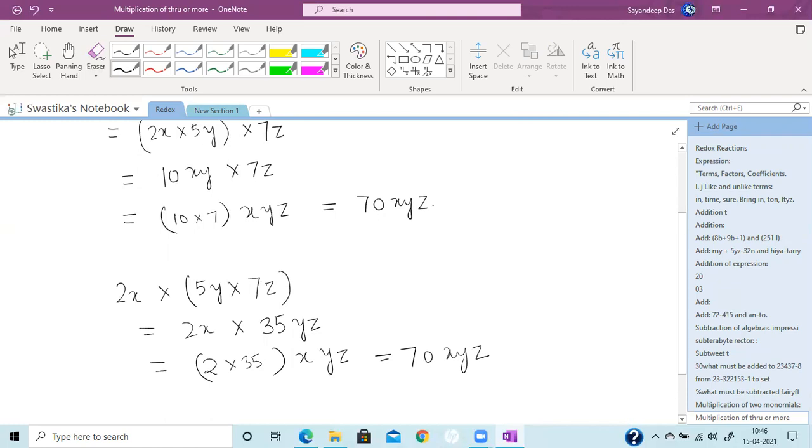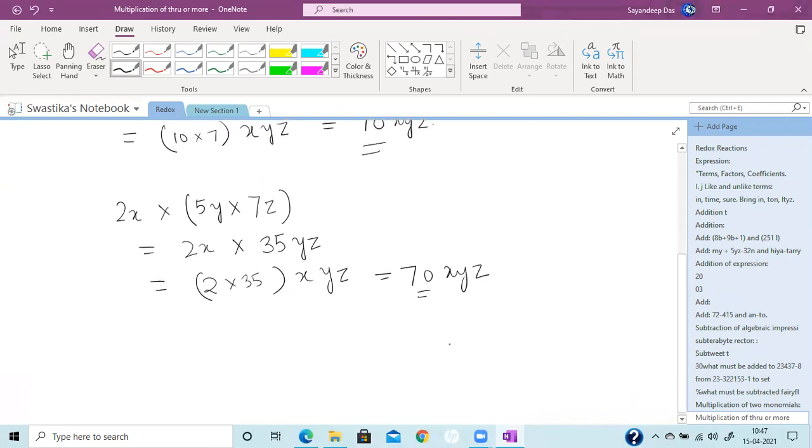Now you can see whether we multiply the first two terms and then take the third term, we get the answer 70xyz, or we keep the first one as it is and take the second two, we get the same answer 70xyz.